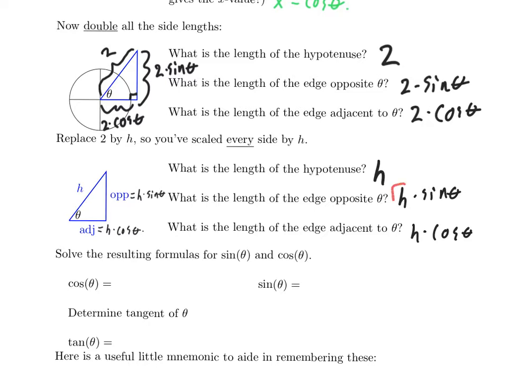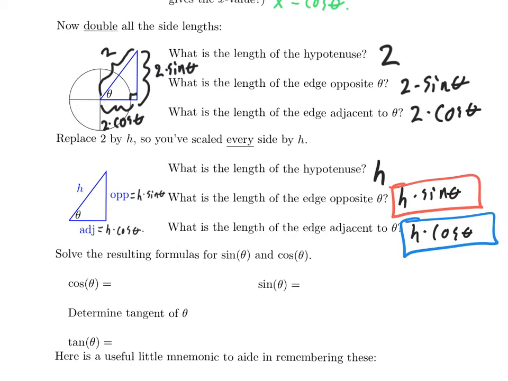I'm going to box those because they'll be important for the next line. Do you think you could take the red one and solve that for the sine of theta? Yeah, of course you can.